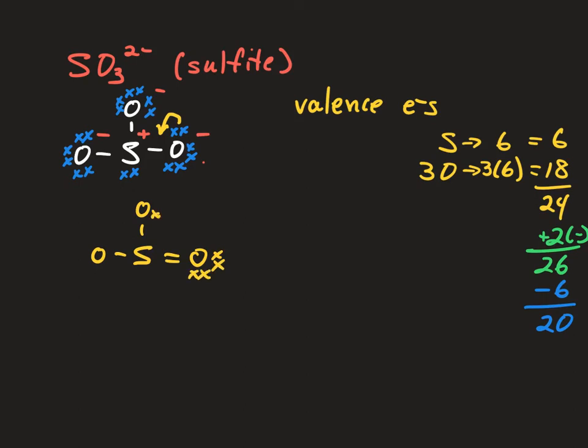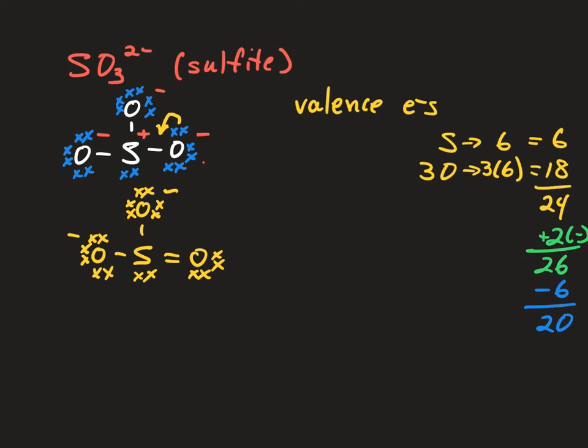Right there, there, there, with a negative charge on those 2 atoms, no formal charge on those 2. And I have to remember, right, this sulfur still has the unshared pair we put on it originally.